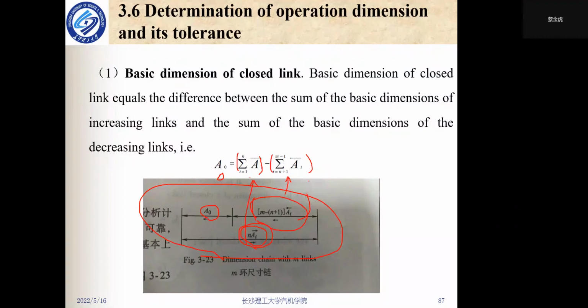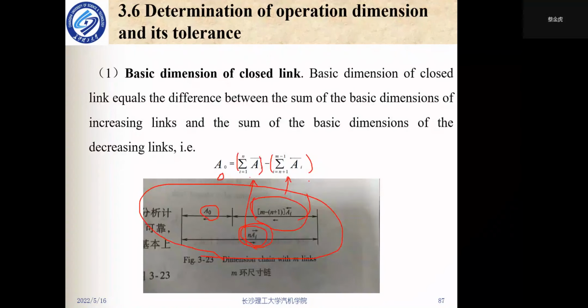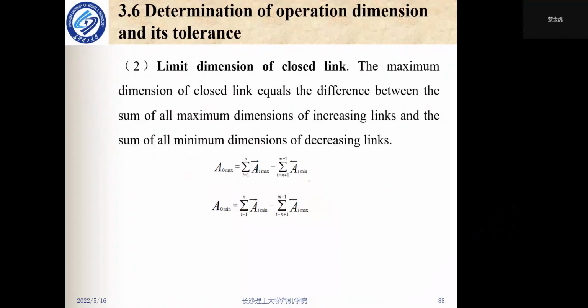So we have learned this by definition and by example. The second one is the limit dimension of the closed link. We just learned the basic dimension of the closed link. So what is the limit dimension of the closed link?